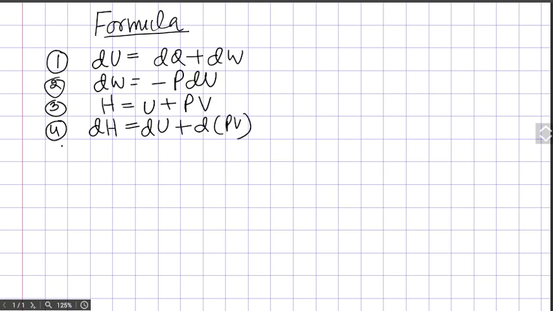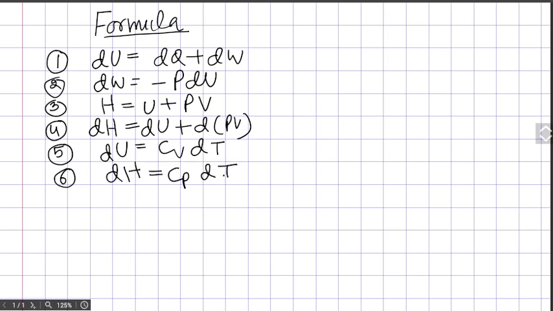Next formula, number 5, was dU is equal to Cv dT. Number 6 is dH is equal to Cp dT.